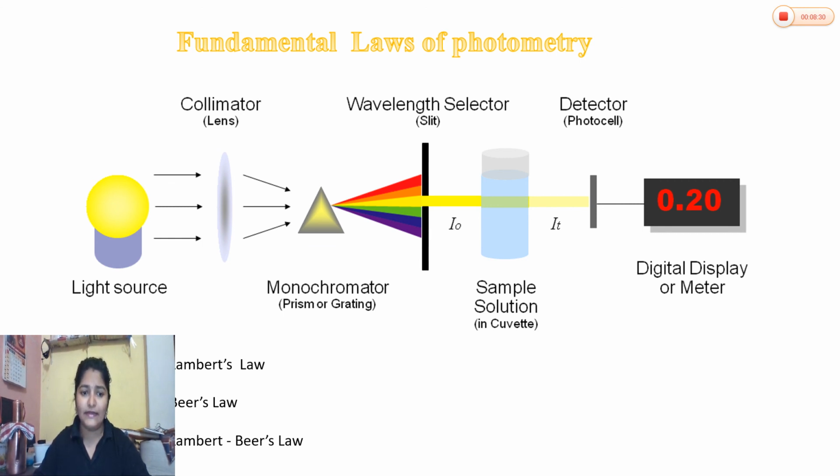And the next is the combination of Lambert's and Beer's law. The statement for this law is, for the given system and the thickness of the medium, the absorption of the medium is directly proportional to the concentration of the absorbing species. That means absorbance is directly proportional to the path length b as well as the concentration of the sample c.